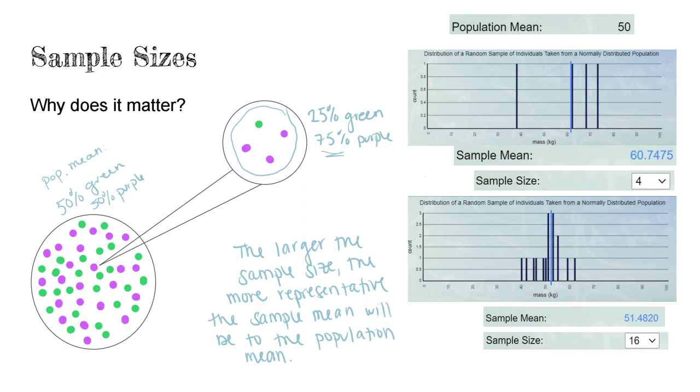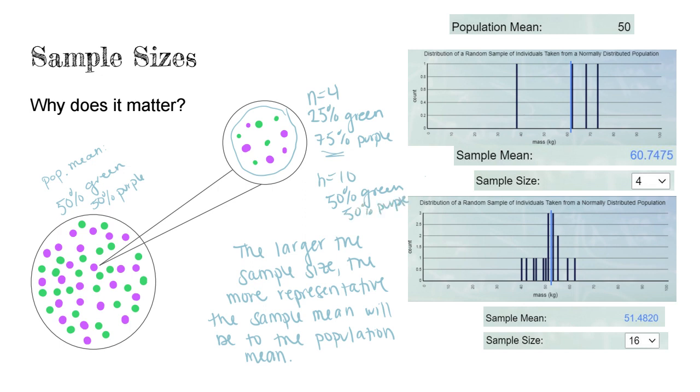But if we take a larger sample size, so if we get some more info, look what happens. So now my sample size is 10. And we have 50% green to 50% purple.